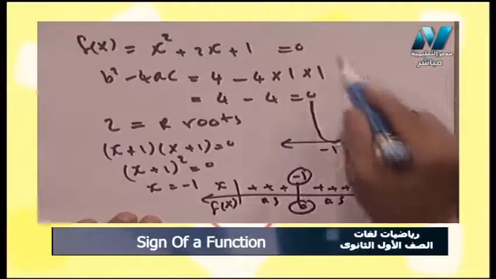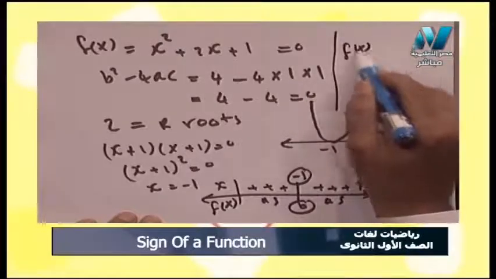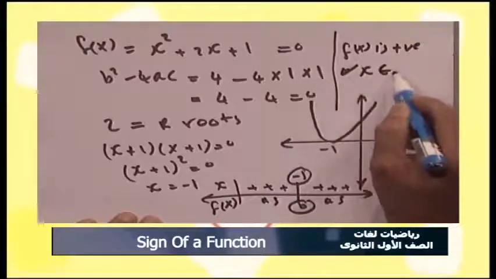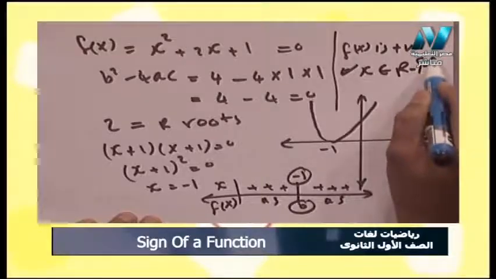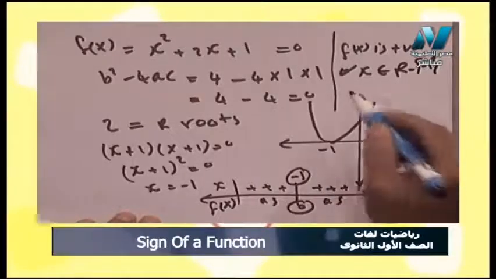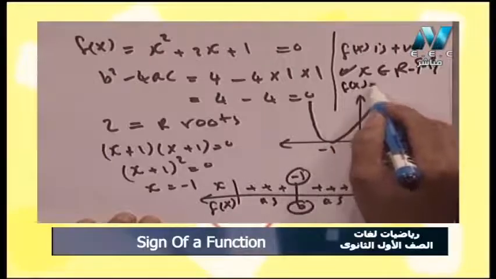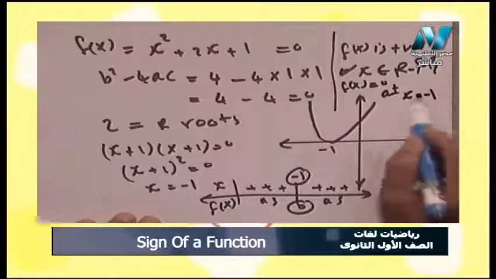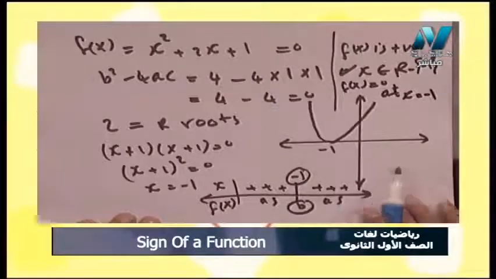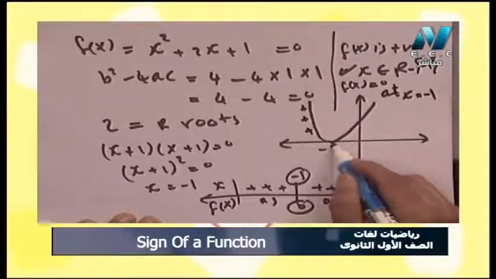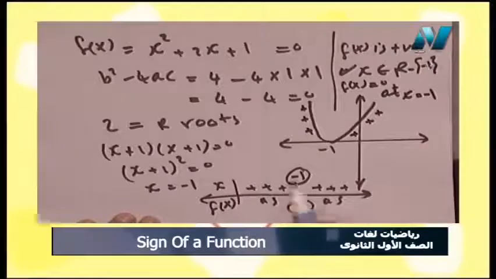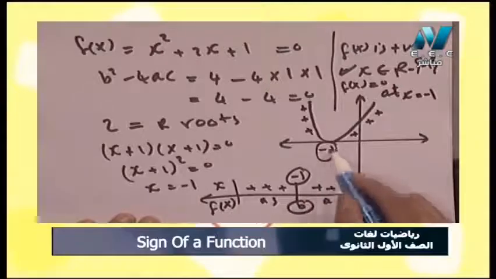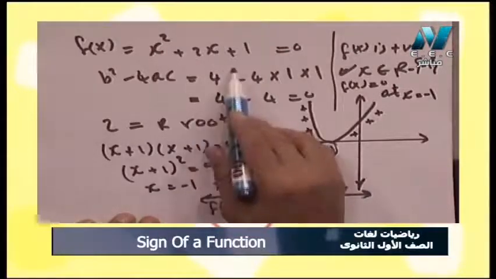So the function is positive for all x belongs to R except negative 1, and f(x) equals 0 at only x equals negative 1. Okay, so the function will be positive before negative 1 and after negative 1. So it is positive from negative infinity to infinity except at negative 1, because at x equal negative 1 the function will be 0 here.